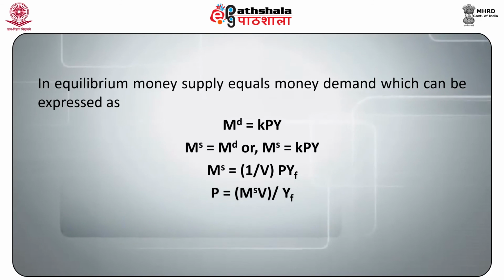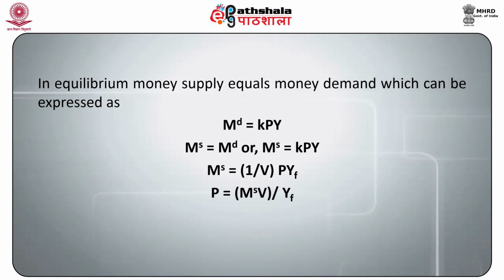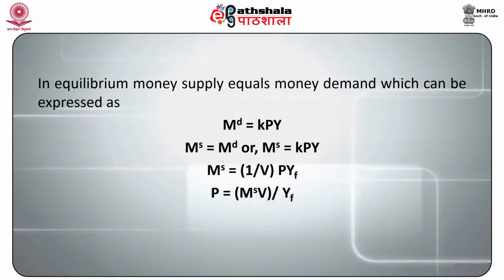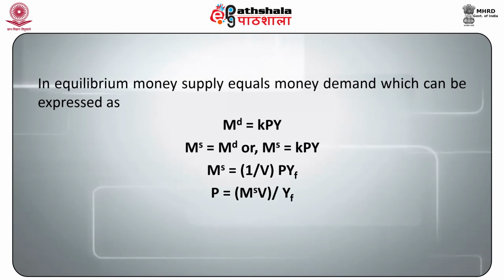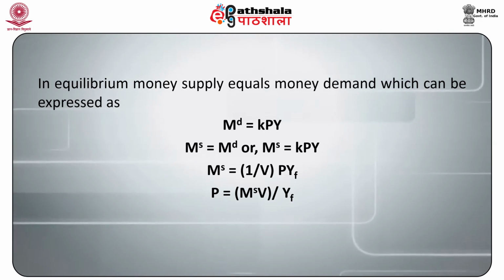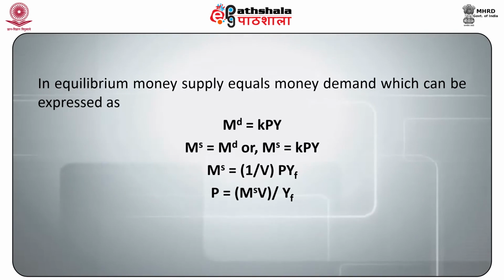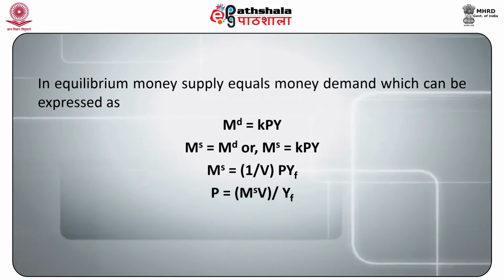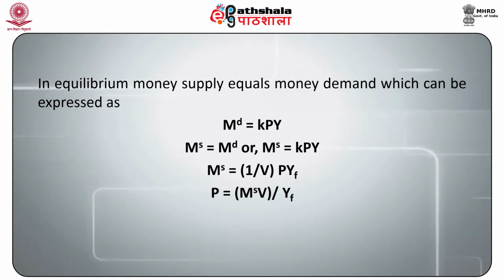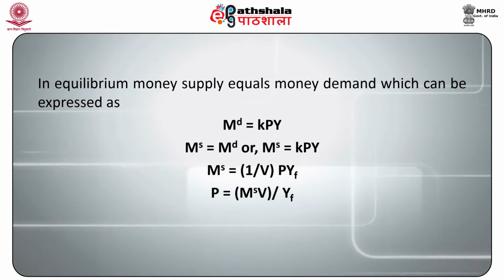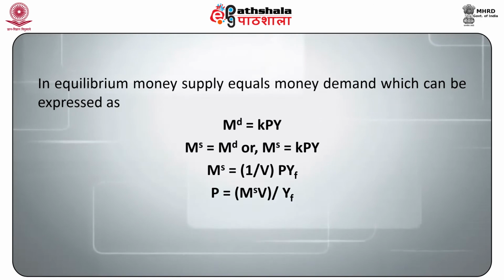With these assumptions, we can write the above equations as the expression for the general price level. That is, M^s = (1/V)PYf, or P = M^s V/Yf.